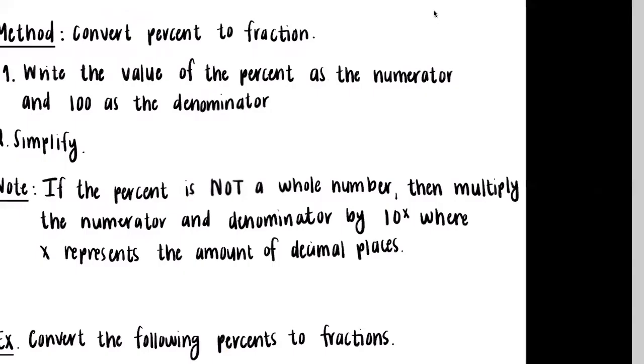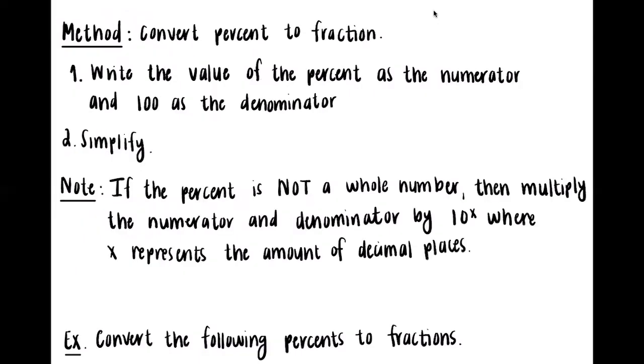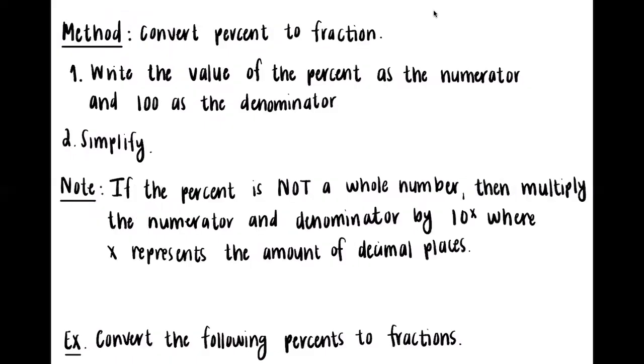Let's look at our next example. So 9 over 10%. I don't know how to say that. 9/10%. So let's go back to this note. If the percent is not a whole number, notice this is not a whole number, it's a fraction. What do we have to do? We have to multiply the numerator and denominator by some multiple of 10, where x represents the amount of decimal places.